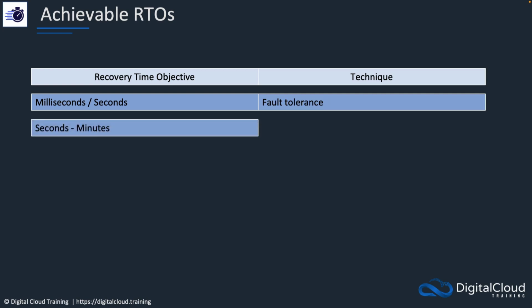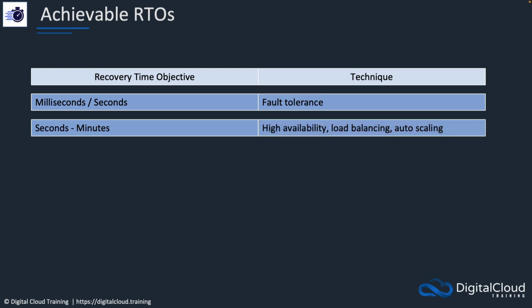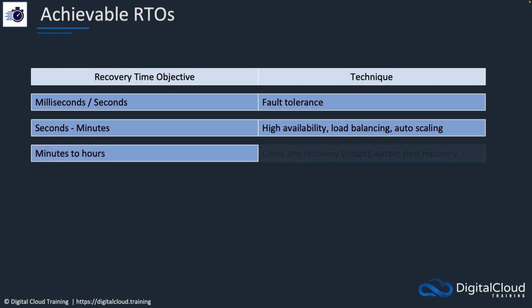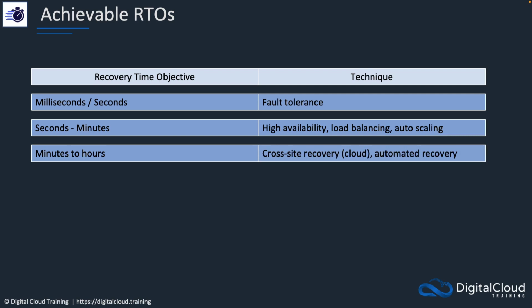Next, with seconds to minutes of RTO, you're looking at high availability solutions, load balancing and auto scaling. So if one thing fails, that's okay, it will just fail over to another one. If an instance fails, then you'll auto scale and bring a new one up, that kind of thing. Next, we've got minutes to hours. So now this could be cross-site recovery in the cloud. So recovering to a new site.